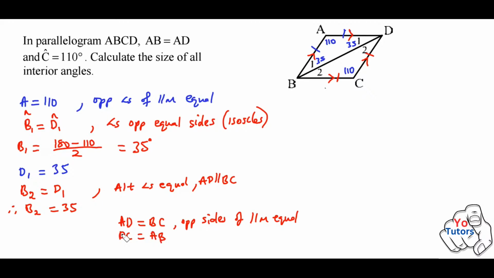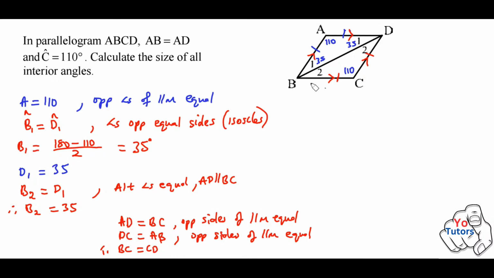Okay, if DC is equal to AB, then we know that these are also opposite sides of a parallelogram, equal. So now, if these two are equal, we know that AD is equal to AB there as well. So it means that BC will be equal to CD.